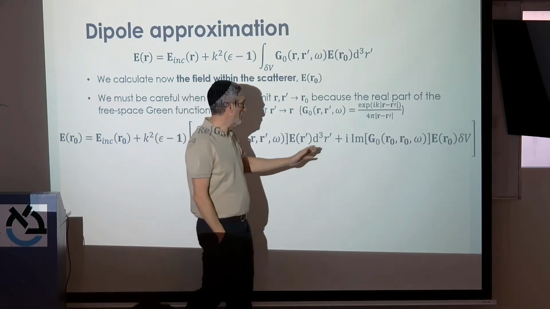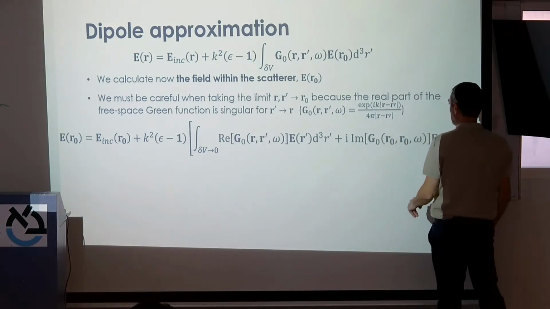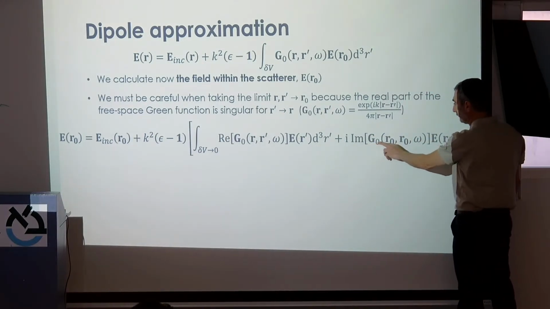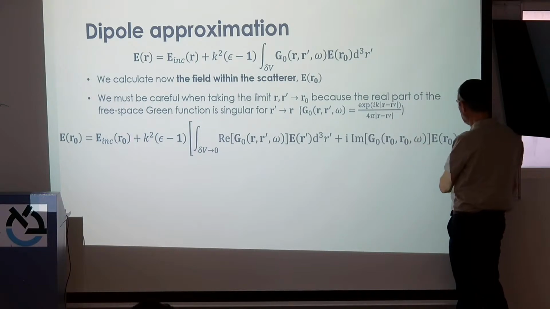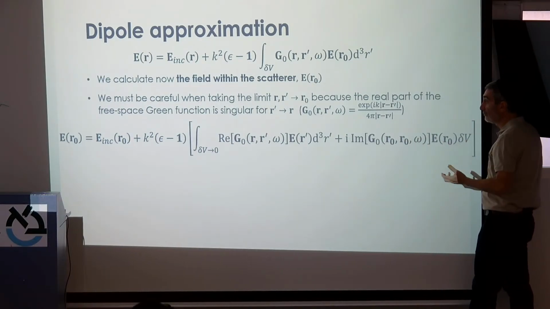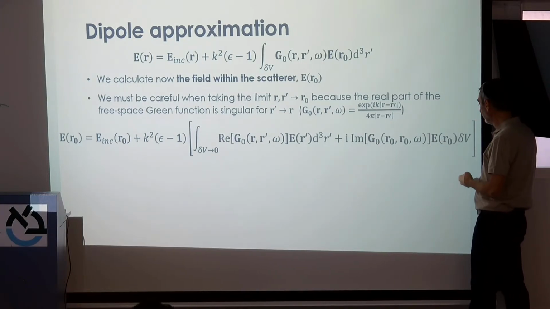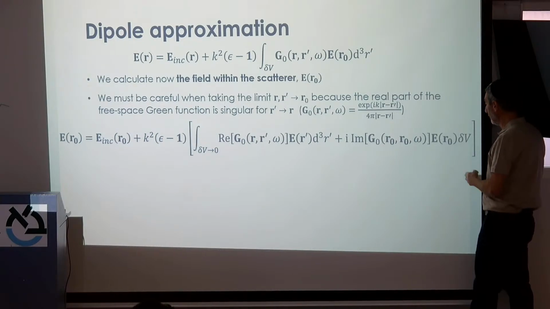And out of the integral, you can write that the imaginary part is the imaginary part of G0 at R0 omega times E of R0, and delta V is the volume of the scattering center, which goes to 0, which is the volume of the scatterer itself.